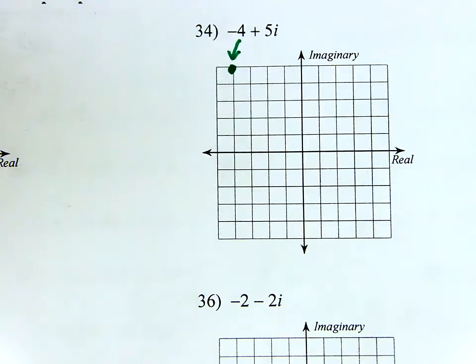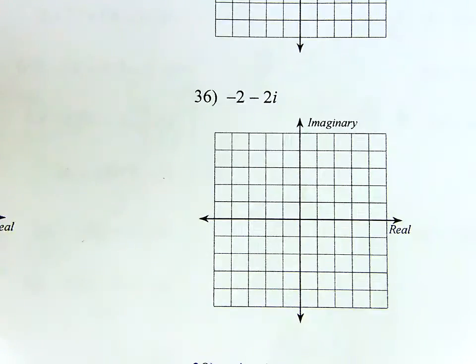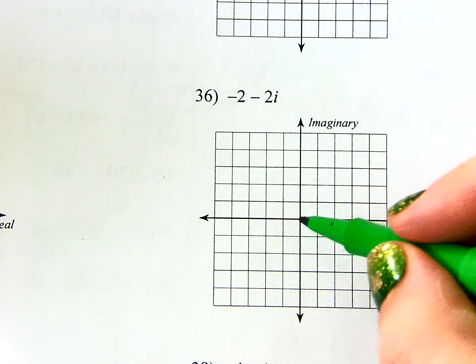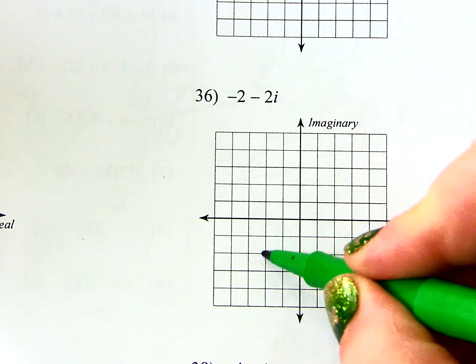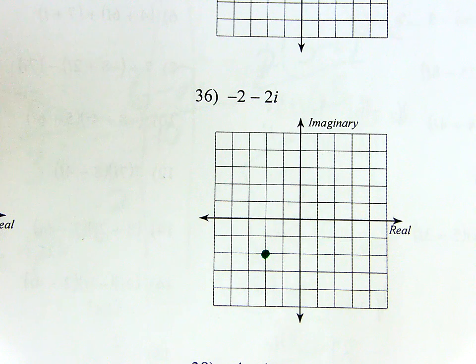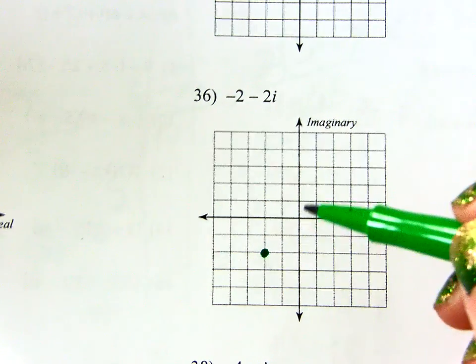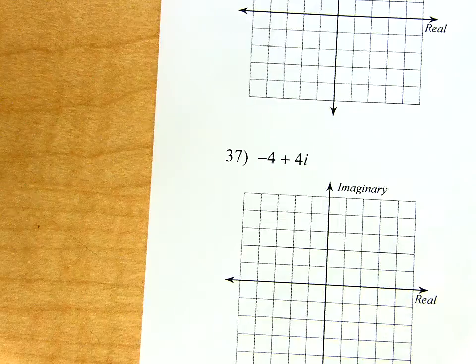So 36, well, there's 36. Did you go here? Good. Negative 2 on the real, negative 2 in the imaginary direction. 37.